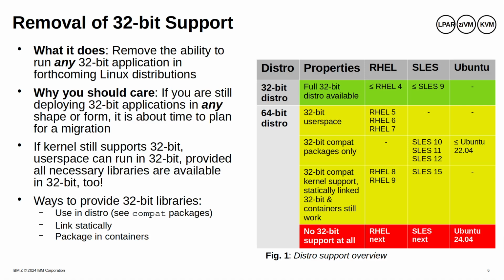So this means RHEL next, which is supposed to be RHEL 10, tentatively scheduled for sometime in 2025, and likewise SLES 16, and already existing out there, as I mentioned before, Ubuntu 24.04. Neither of these Linux distributions will support any 32-bit applications at all anymore.